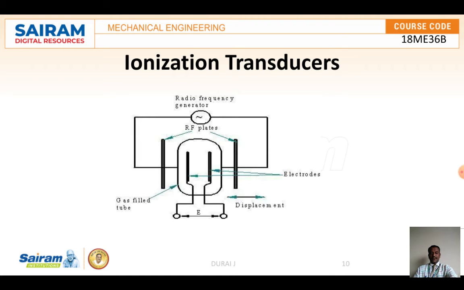Thus, the ionization transducer is useful for measuring displacement. Okay, so this is about the ionization transducer. Mainly, it can be used to measure displacement, acceleration and humidity.